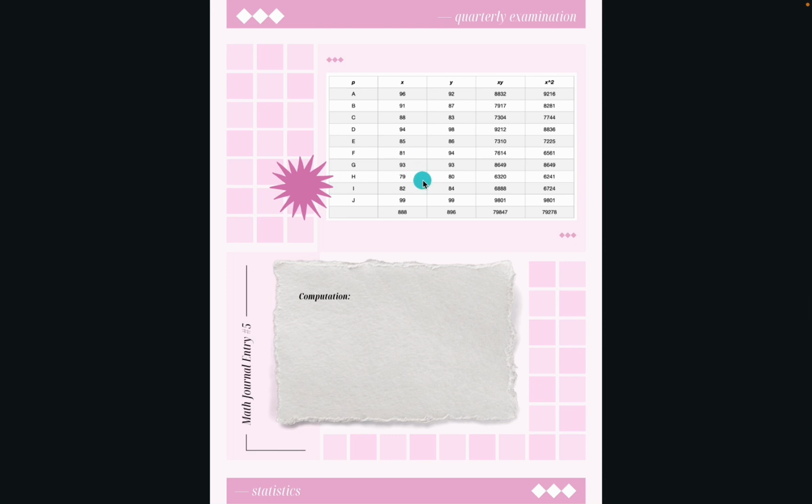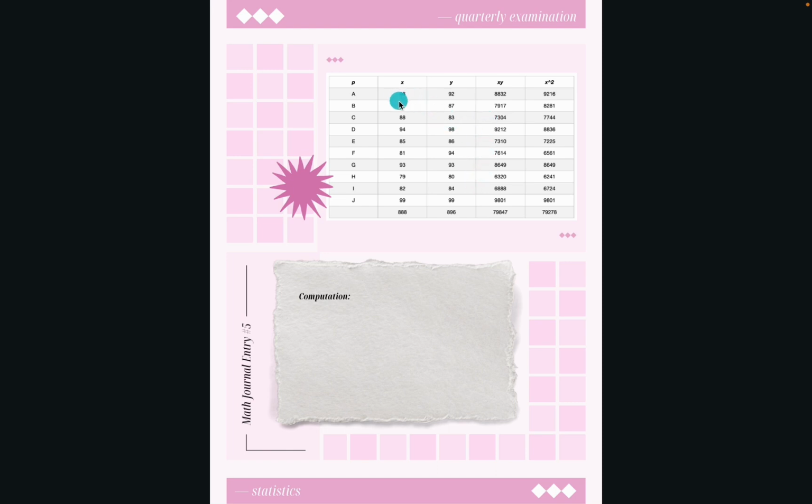As I did in the previous problem, I multiplied x by y and got 96 times 92 is 8,832, 91 times 87 is 7,917, and so on.